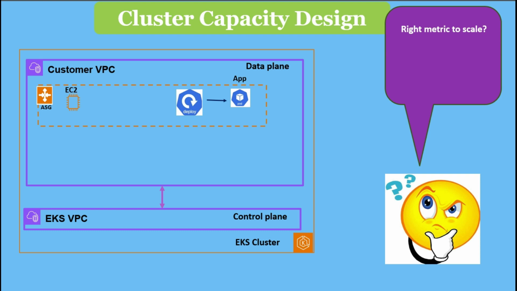This application can be a batch processing application, that means it will process some messages from SQS queue or consume some events from some event broker. Or this application can expose the services to the clients via internet through some load balancers. In this example, let us assume that this application is exposed to internet via load balancer.